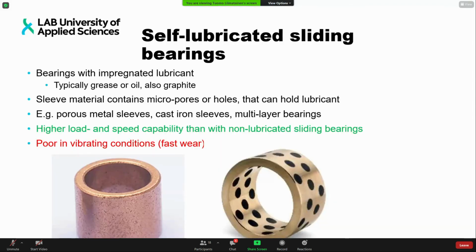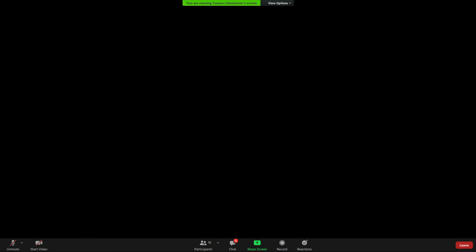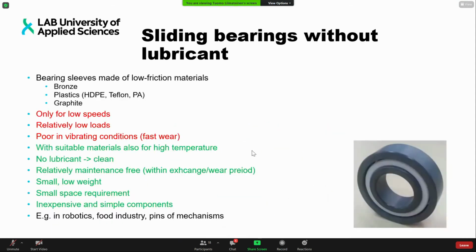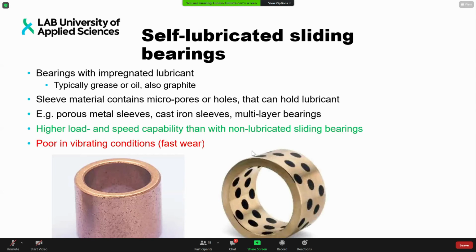Okay, then next, a little more advanced version of the sliding bearing is the self-lubricated sliding bearing. It's not that much different from the previous one, just that some kind of lubricant is introduced, which is impregnated into the structure of the bearing. Usually it's grease, it could be oil, it could be graphite.